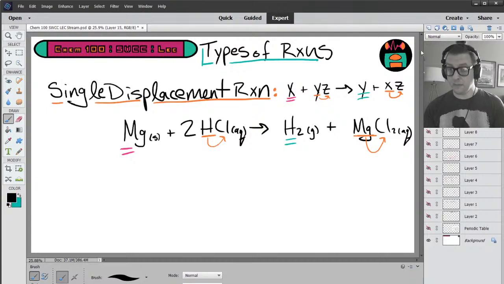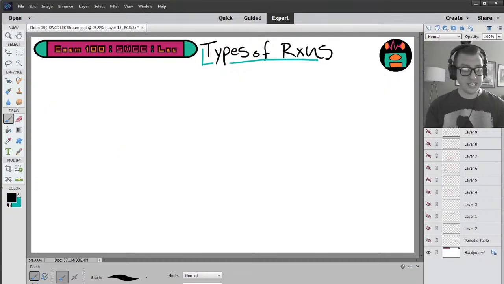With a double displacement reaction, it's similar, but instead of one thing changing places, there are two things. So that's single. Let's take a look at double displacement.